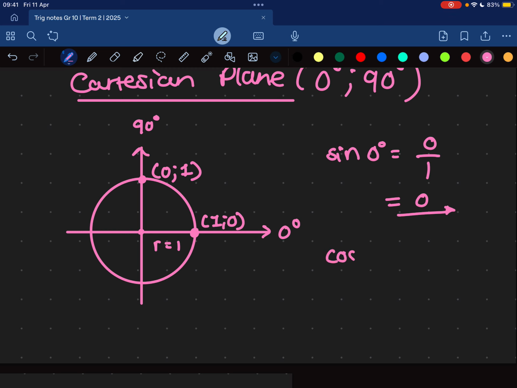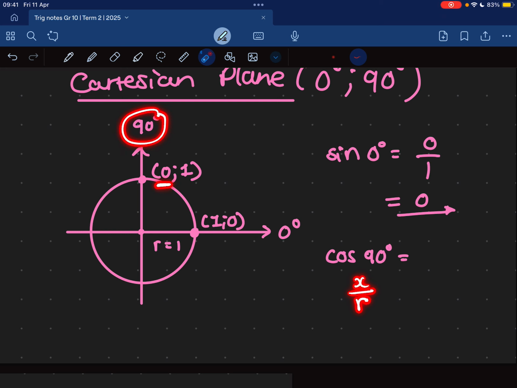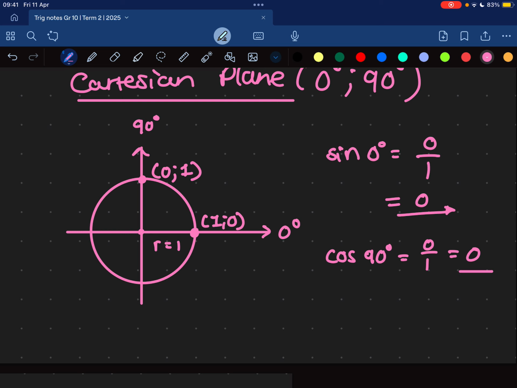Okay, let's try cos of 90 degrees, where I know that cos of 90 is x over r. So I go to 90 and I say, well, the x is 0 and the r is still 1, so it will be 0 over 1, which is just 0 again.